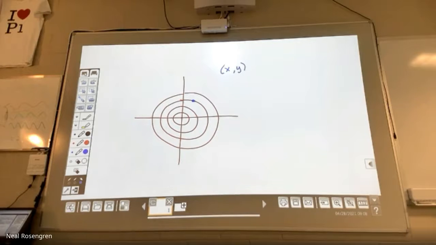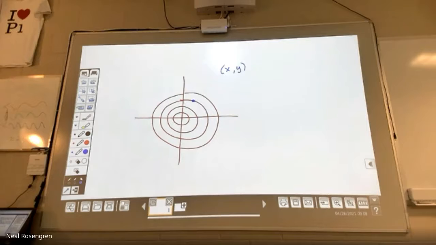What might be a different way to travel from the center along a red pathway? Remember, X, Y, we travel left and right, we stop, and then we travel up and down. Straight lines only to get to a point. That's rectangular.